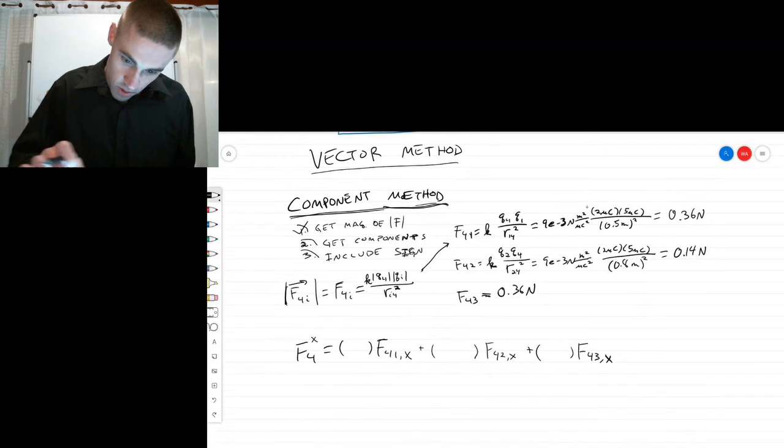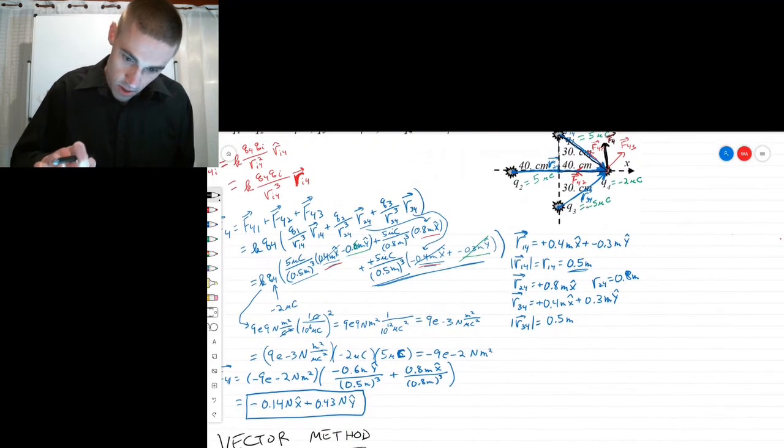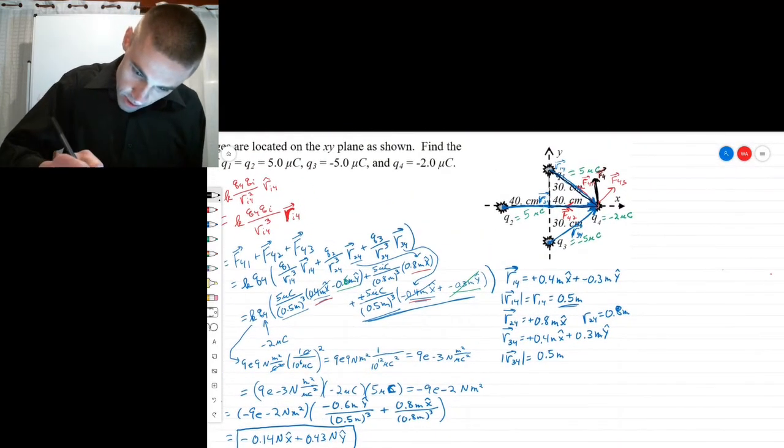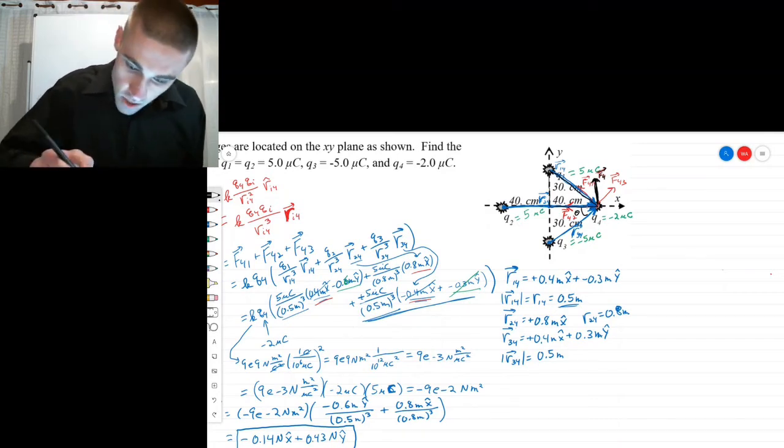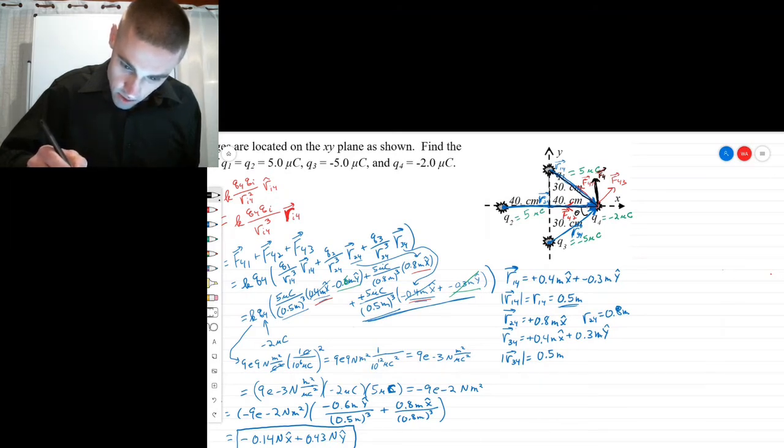If I go back up to my picture here, let's say I have an angle here that's theta. If I want the x component of each of these individual forces, I can take this angle here, theta, and this angle here would also be theta, because alternate interior angles are congruent.